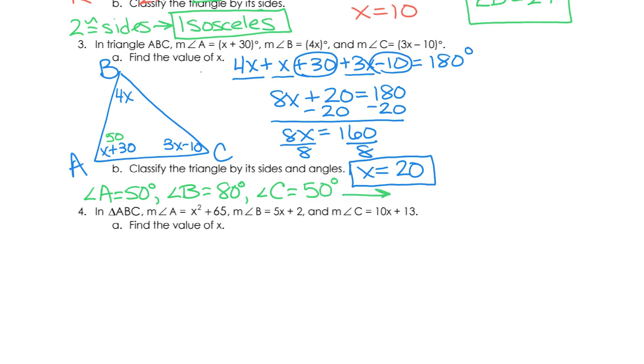And based on those angles, if we have to classify it by its sides, like we did in the last one, remember S for sides, S for scalene, isosceles, and equilateral. There are two angles equal, just like in the last picture. Therefore, there will be two sides equal. In fact, if I go back to my picture, since these are the two equal angles of 50, these would be the two equal sides, okay?